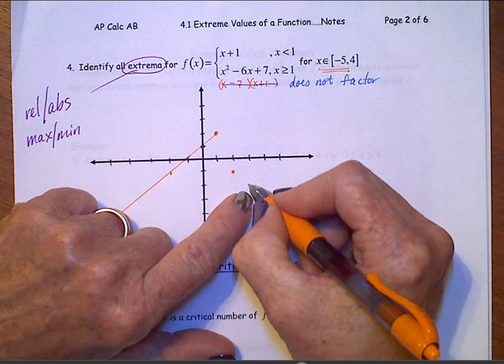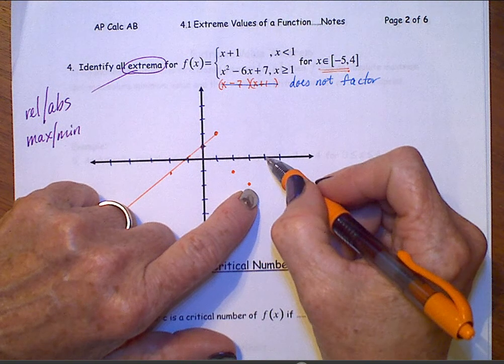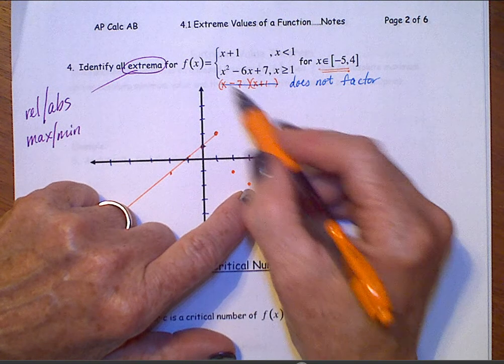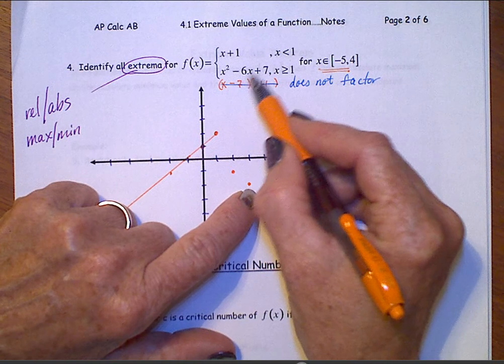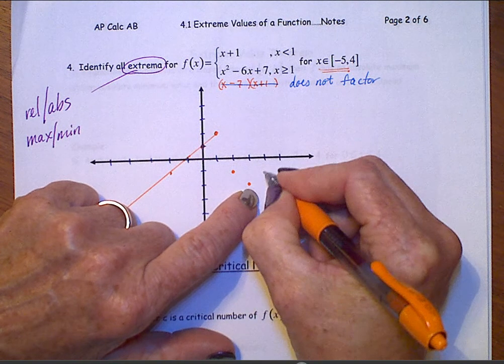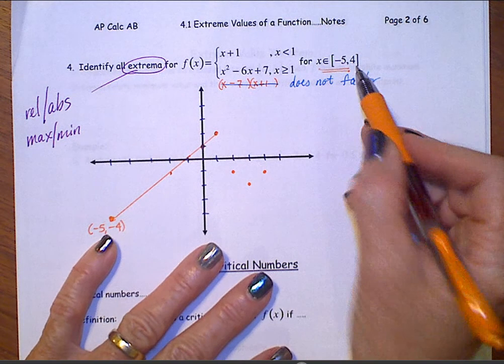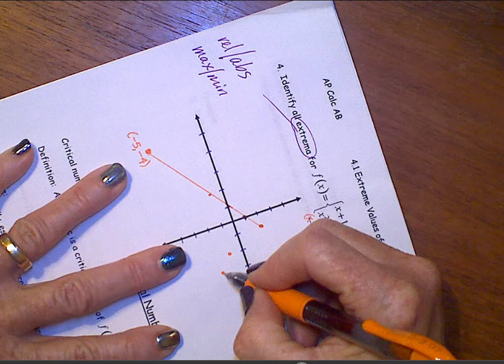So 3, -2. And then the last point that we need to check is 4. 16 minus 24 is -8 plus a 7 is -1. And we stop because this graph is only valid up till 4. And we have a nice parabola here.